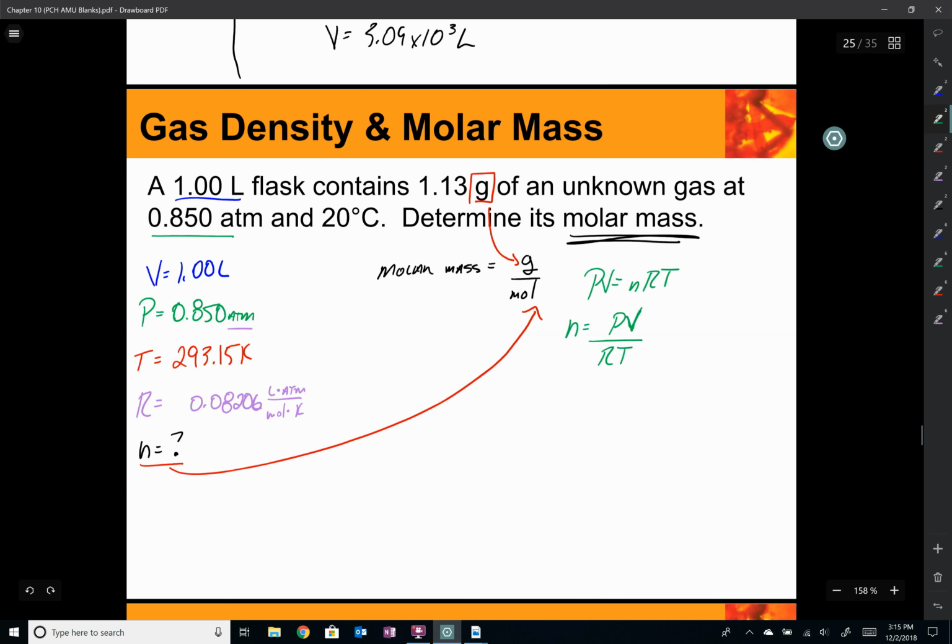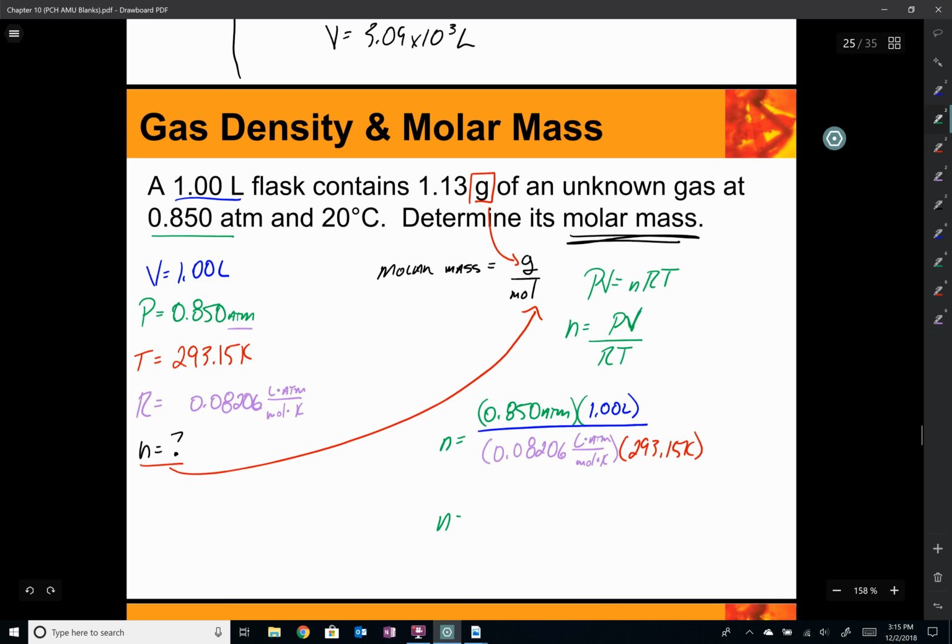Now let's plug and chug. n is equal to pressure, 0.850 atmospheres, volume, 1.00 liters, over R, 0.08206 liters atmospheres per mole Kelvin, times temperature, 293.15 Kelvin.